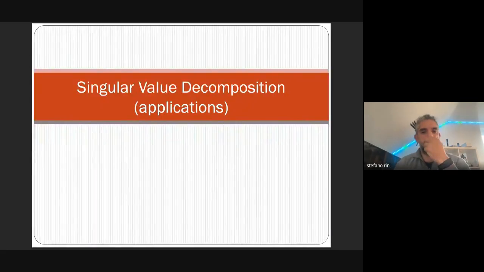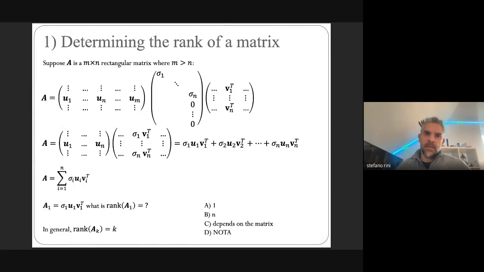Okay, so let's see some applications of the singular value decomposition. If you want to determine the rank of a matrix, then you will apply SVD. And at the end of the SVD, you will have this. So try to remember this expression because it's very powerful, right?